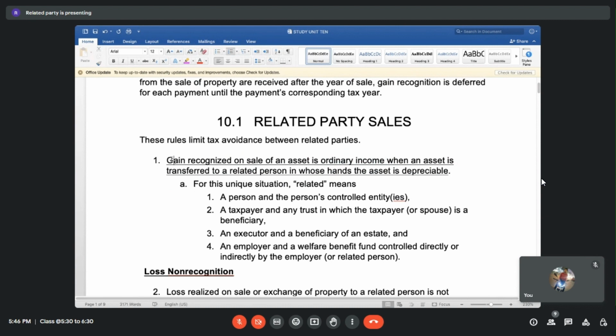Typically, all gain on the sale of an asset would be considered capital gain. If it's long-term capital gain, it is taxed at a lower rate. But if it's short-term, it doesn't matter. Short-term will come at the ordinary rate only. But here, it doesn't matter whether it's long-term or short-term. As long as the transaction is happening between related parties, there's a good chance that you are the controlling person.